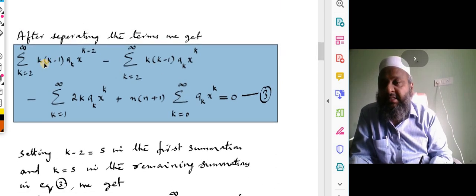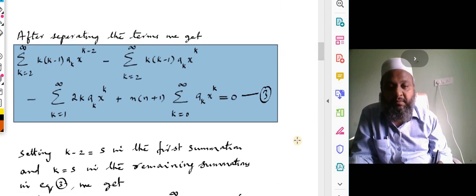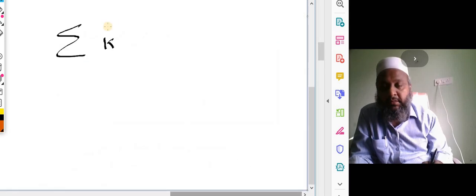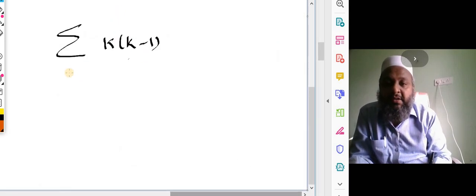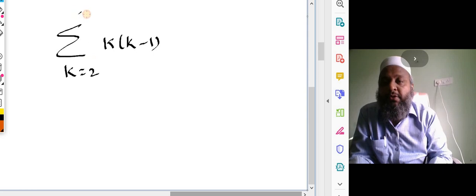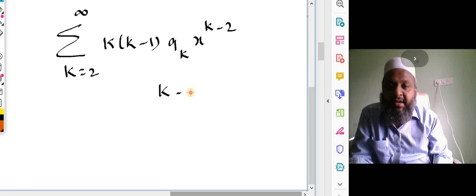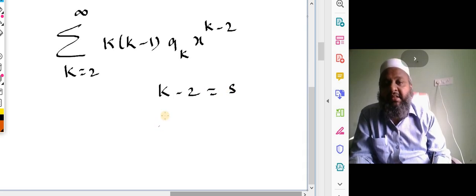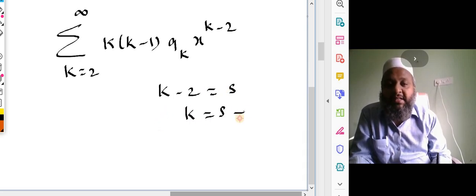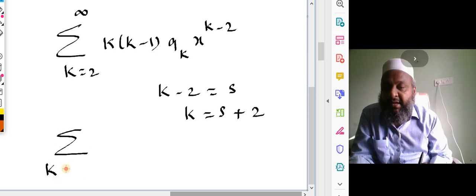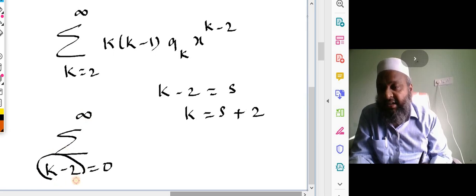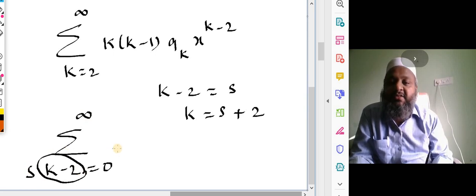Here it is: k into k minus 1, k equal to 2 to infinity, a k x to the power of k minus 2. When I am making k minus 2 equal to s, then k will be equal to s plus 2, and when k is 2, s is 0. So this starts with k minus 2 equal to 0 to infinity. Instead of writing k minus 2, you can simply say s equal to 0 to infinity.